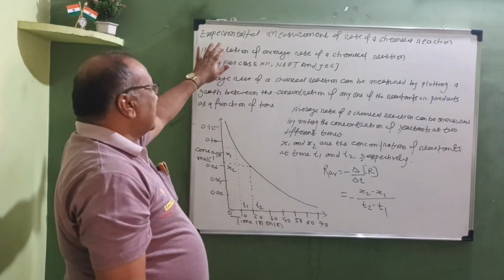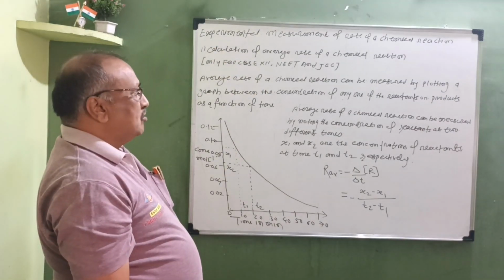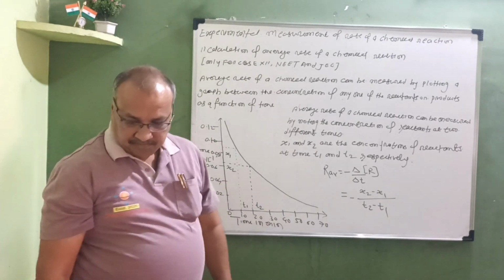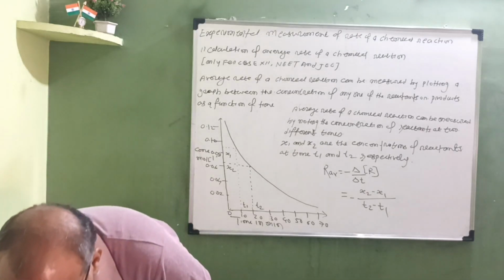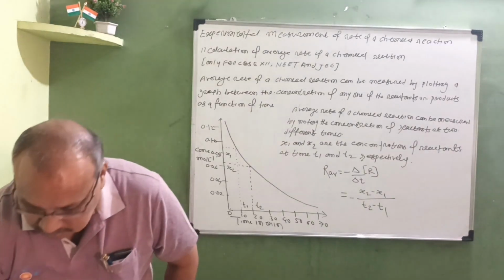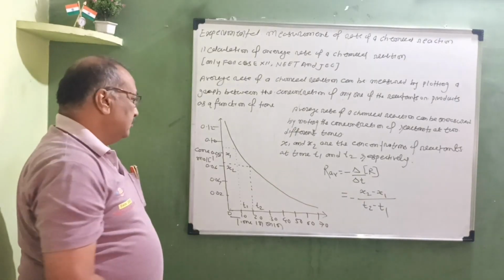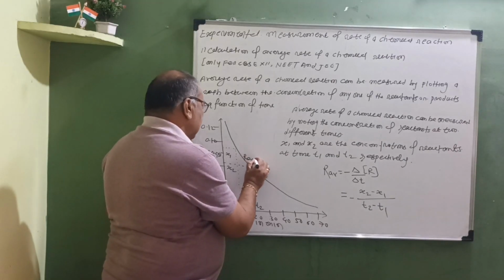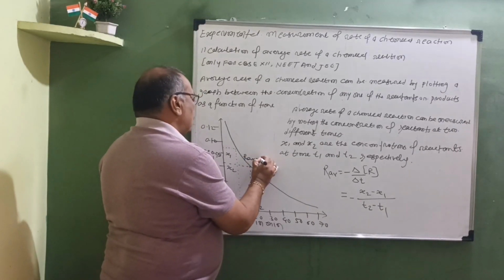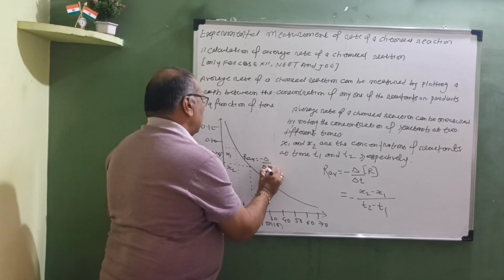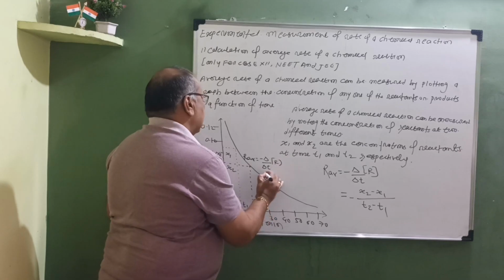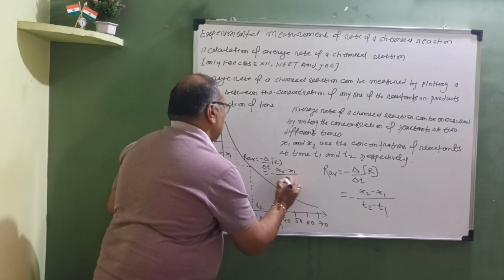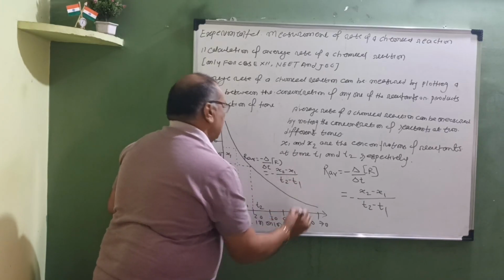Now this is regarding the calculation of average rate of reaction by using the graph. That means here I also write down R average is equal to minus delta of concentration of R, which is equal to minus X2 minus X1 upon T2 minus T1.